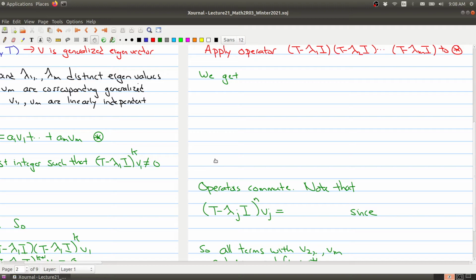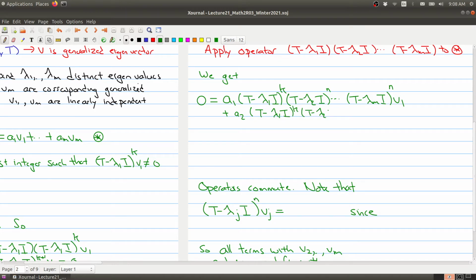Okay, so using the properties of linear operators, we get the expression that 0 is a1 times (T minus lambda 1 I) raised to the power of k, and then (T minus lambda 2 I) to the n, all the way to (T minus lambda m I) raised to the power of n, evaluated at v1, plus a2 times (T minus lambda 1 I) to the k, (T minus lambda 2 I) to the n, up to (T minus lambda m I) to the n, evaluated at v2, and we carry on all the way down to the end.